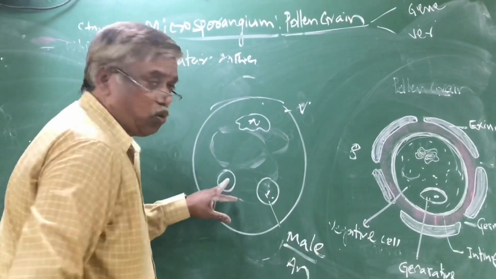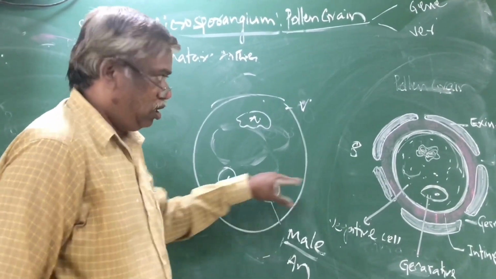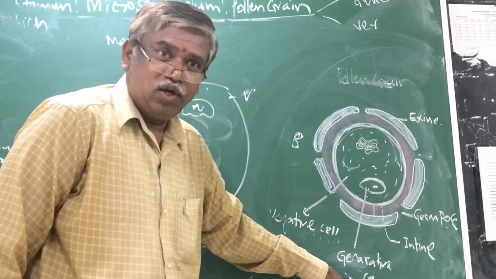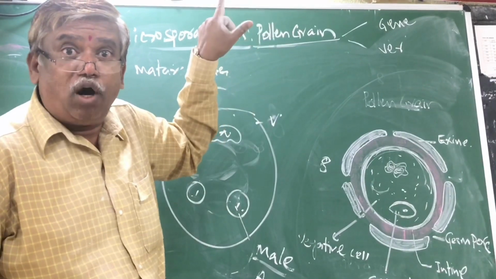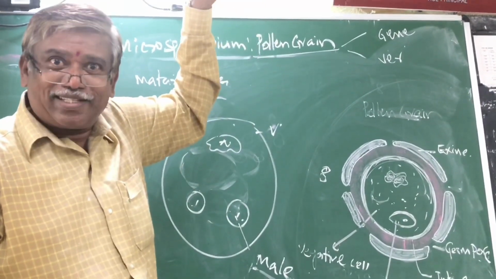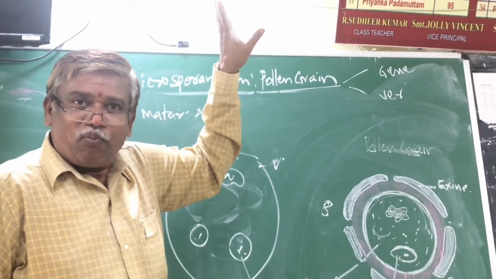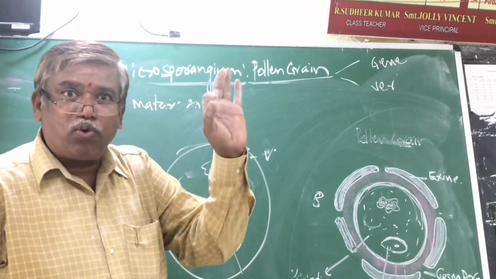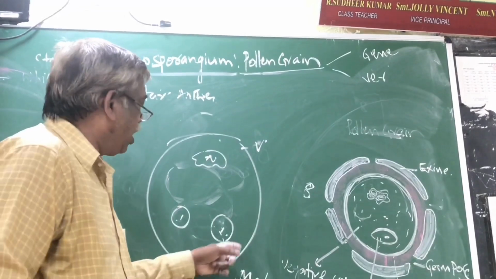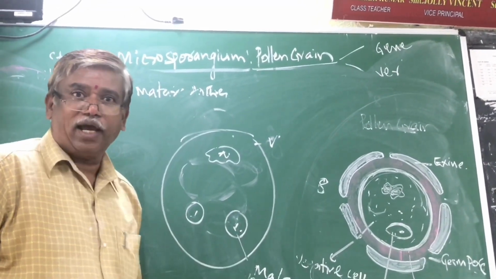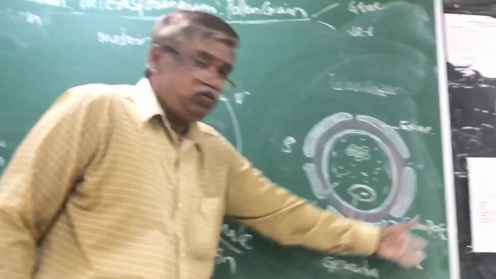Now, what is this? Male gametes. Who is the mother of the male gamete? The generative cell. Who forms the generative cell? The microspore. Who forms the microspore? The sporogenous cell. That means diploid sporogenous cells finally become haploid male gametes. Now what is this structure?